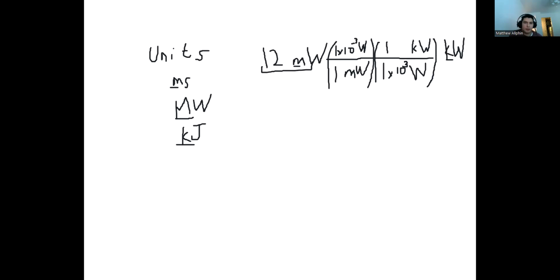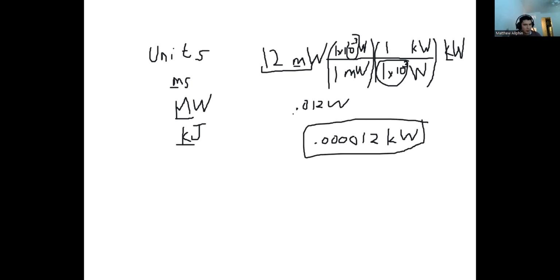10 to the negative 3 just means we move the decimal over 3 spaces. So that ends up being 0.012 watts. And then to convert that to kilowatts, this is in the denominator, so again I would move this decimal place over 3 spaces, and there are 3 zeros in addition, giving 0.00012 kilowatts, like that.